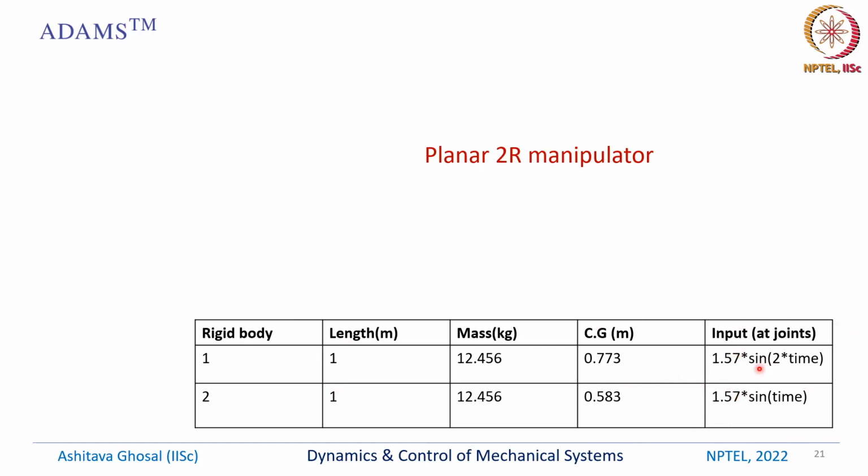In this case, the input at the joint is 1.57 into sine of 2 into time. So it is sine 2t, and this is 1.57 into sine of t. So this is like pi by 2. This is just chosen arbitrarily. We can choose some other inputs at the joint. So theta 1 will go in this form.